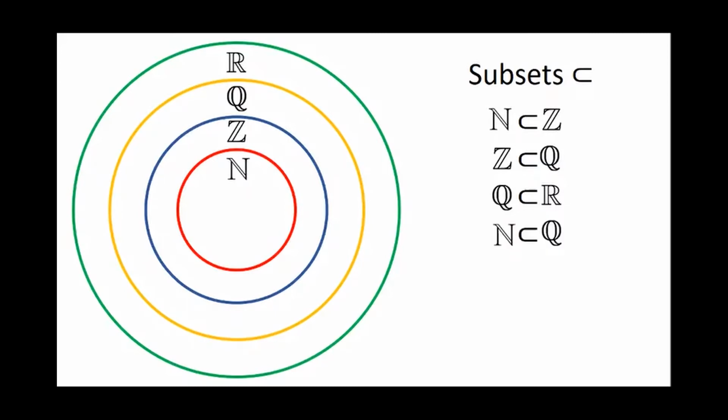So we write N is a subset of Q. Also for the integers, as all integers are rational numbers and all rational numbers are real numbers, we write Z is a subset of R.